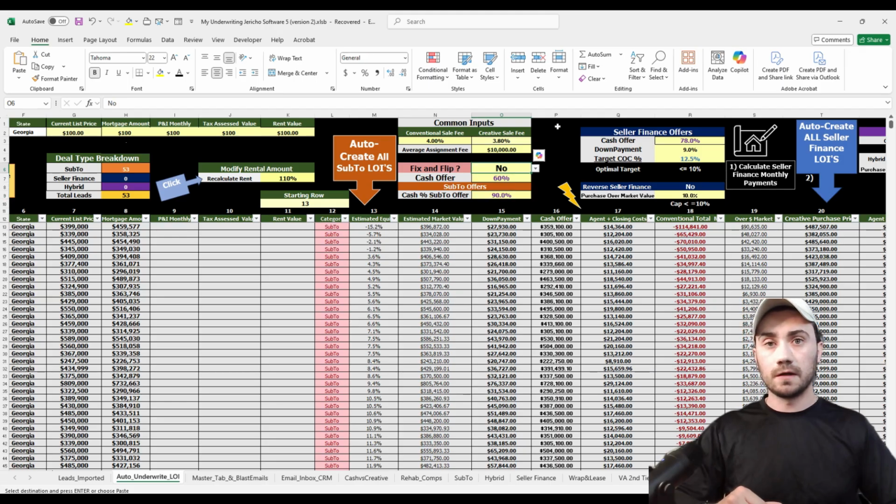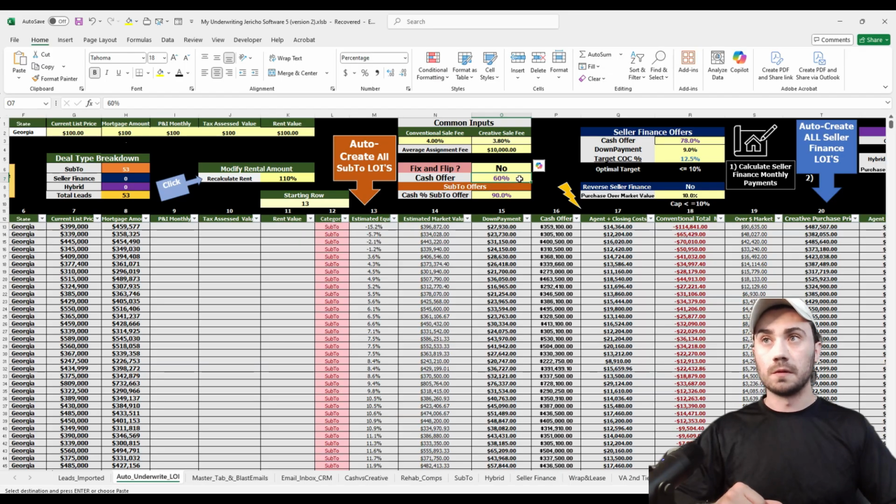If you're doing a fix and flip and you're targeting a list from PropStream, and the PropStream list that you have gathered is a very distressed property, and you want to give a cash offer that is well below market value because you intend to flip that property, then there's a setting here that you can use to indicate that you are doing a flip, and then you'll have your own designated cash offer for that flip.